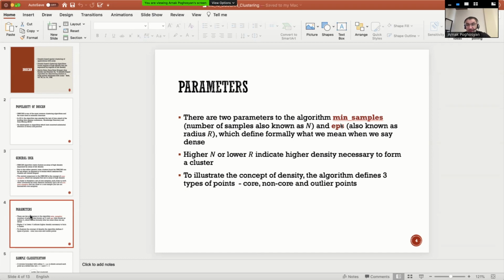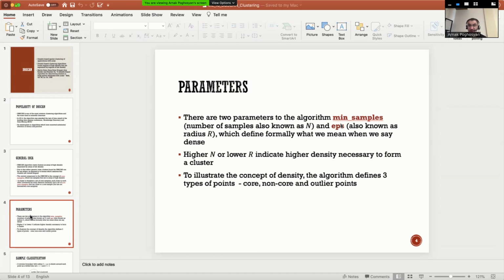Then we are calculating the number of points that we have within this circle. If the number of points is equal or bigger than the min samples, so if there is a minimum number of neighbors within this circle, then we are saying that this point is in a dense region and this is a core point.